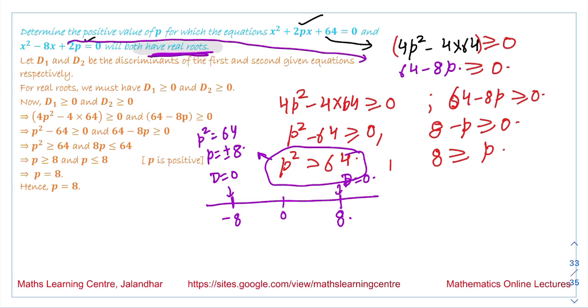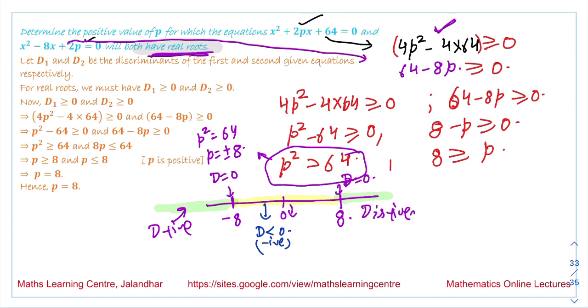If we substitute p equal to 0, we get that in this region, for the points between these 2 points, the value of d is negative. We are interested in those values of d for which the answer is positive. So for less than minus 8 and greater than 8, the answer is positive. These are the regions where d is positive.